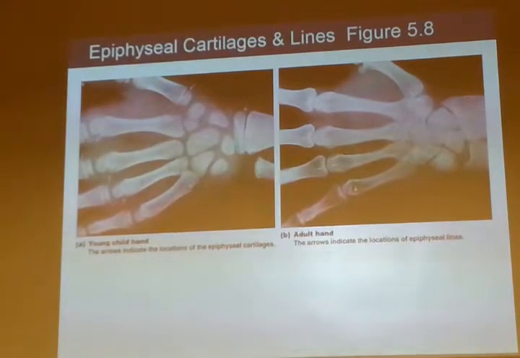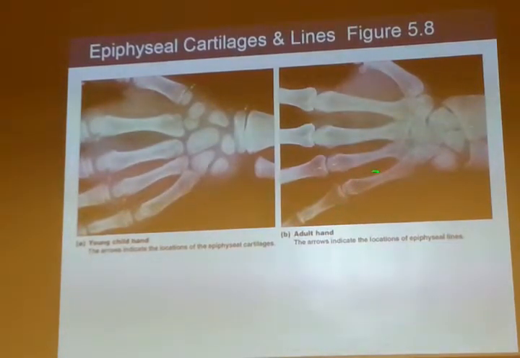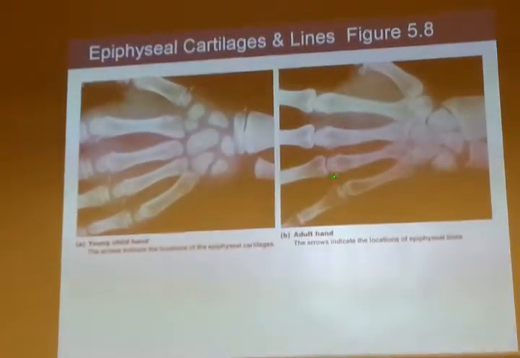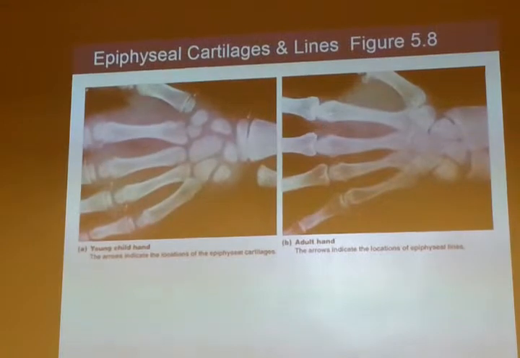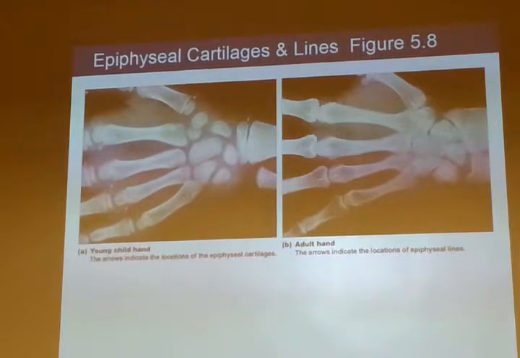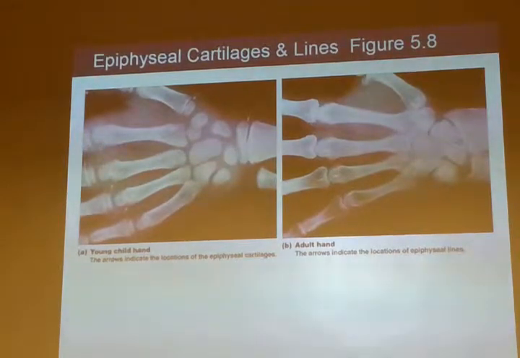And you can see here there's a whiter area on the right between a lighter area and two darker areas on either side. When you get that final ossification, it actually is a more solid bone. It's in the epiphysis, but it's not spongy bone. So that final ossification is a very dense bone formation.